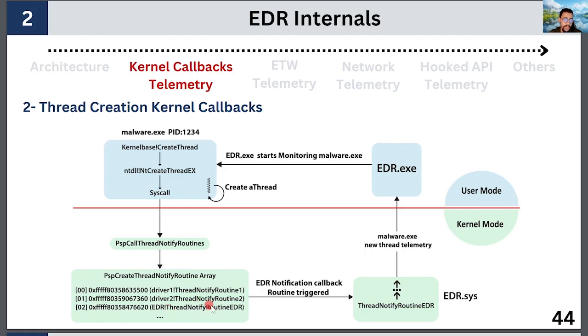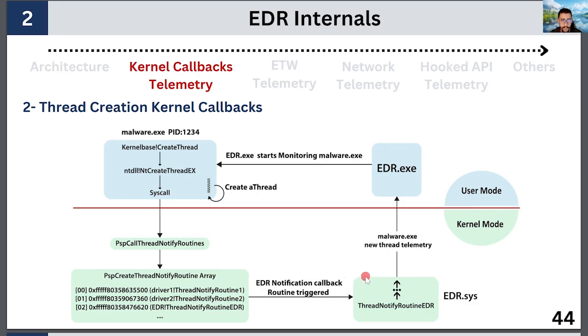This callback routine will collect the following telemetry: thread ID and process ID of the newly created thread, the thread start address, which this thread is pointing to and executing, and the security token information for that thread.